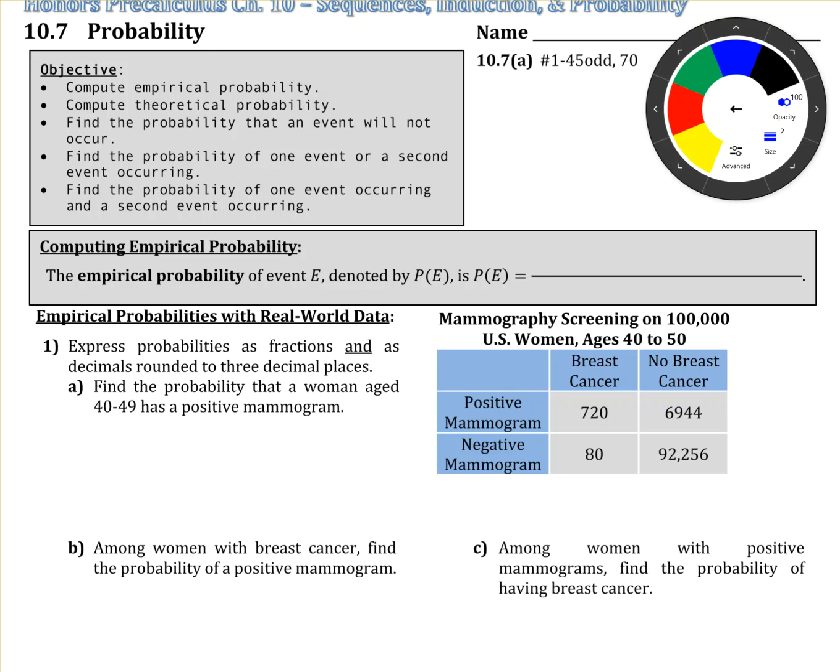So. The empirical probability of an event E, denoted by P of E, is basically the number of times E happens, so number of times E occurs over the total number of occurrences.